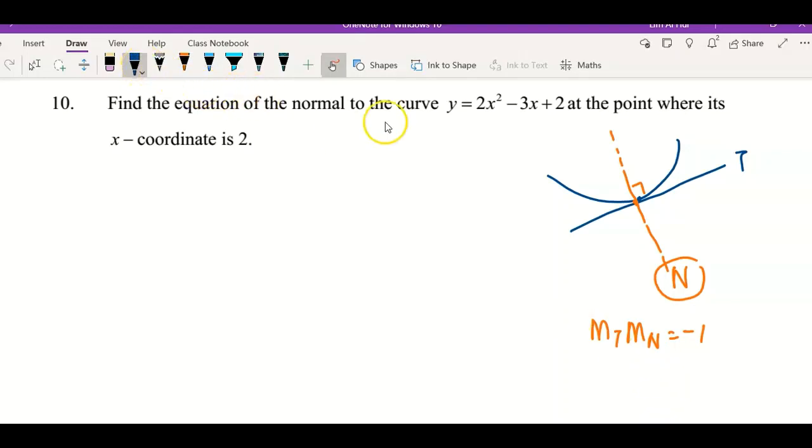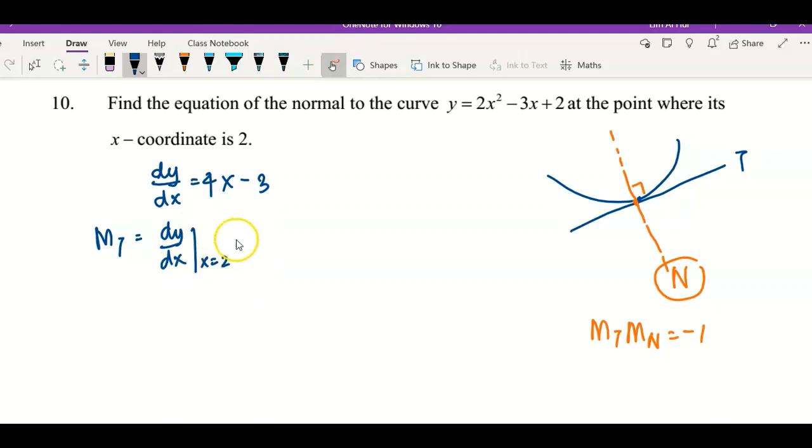So first of all, I would like to get the gradient of the tangent, which is finding the dy/dx. dy/dx equals 4x minus 3. So the gradient of the tangent is actually the dy/dx at the point x equals 2.